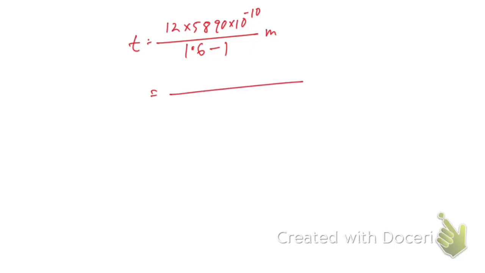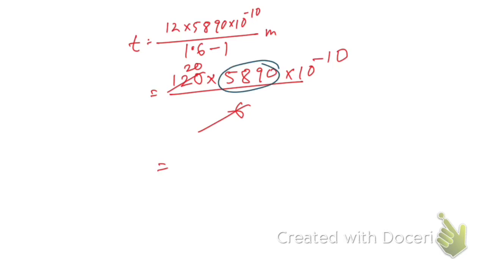Now we can write this as 12/0.6 × 5890 × 10^−10. If you make it 6, then it will be 120. If you cancel this, that is going to be 20. Then let's multiply these two.